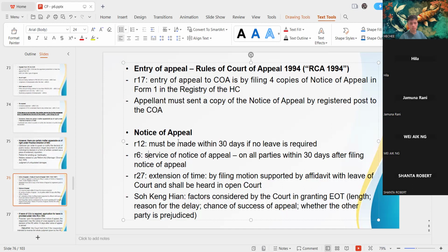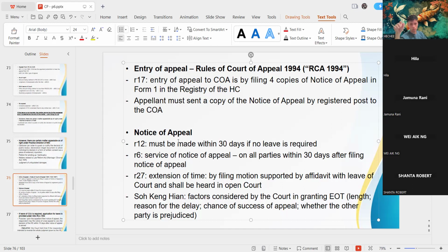And then you can apply for extension of time under Rule 27 by filing a motion supported by affidavit with the leave of court. Just one thing to point out, when it comes to the appellate court, it's not by notice of application, but motion supported by affidavit. And the case for the extension of time is Saw King Yap.